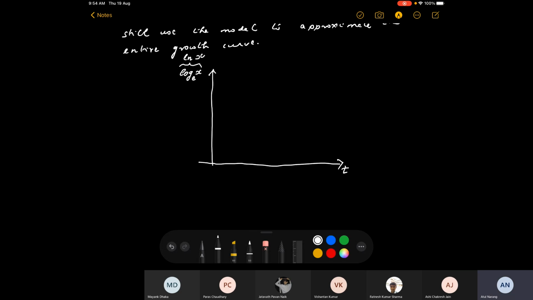Now, for the general model where we did not make any such approximation, if you integrate the full model out, it will show you something like this.